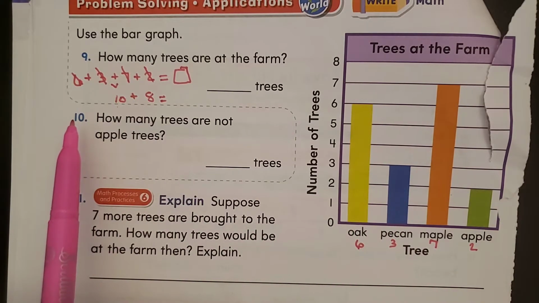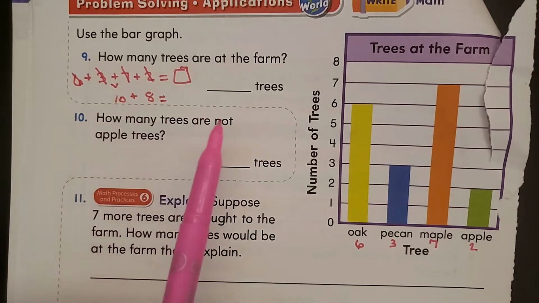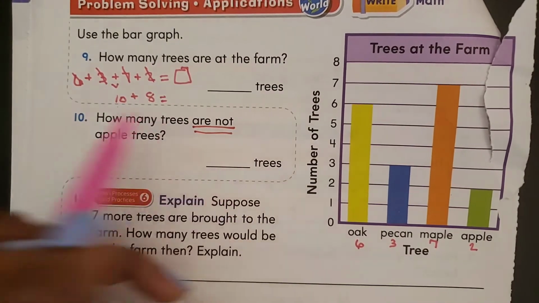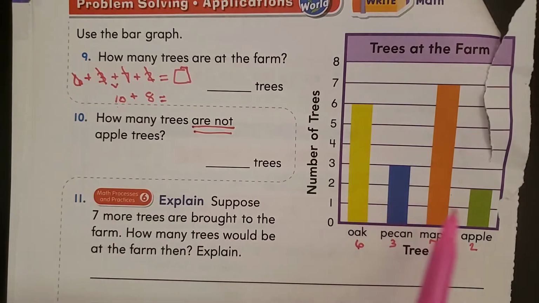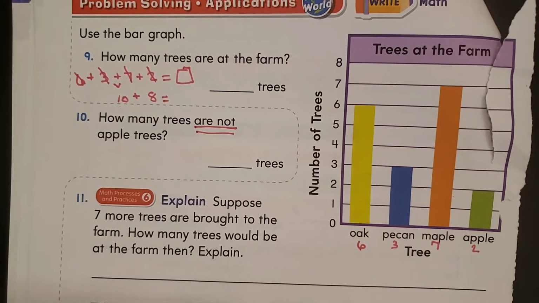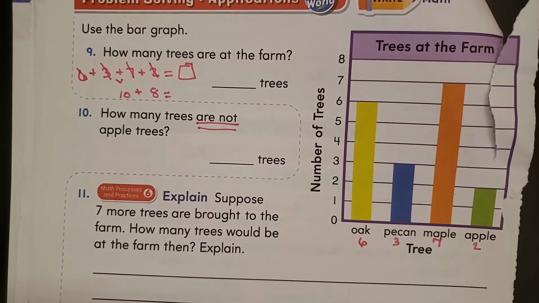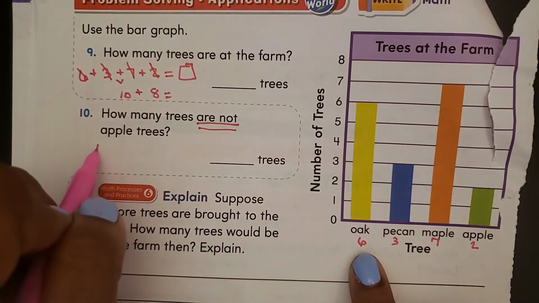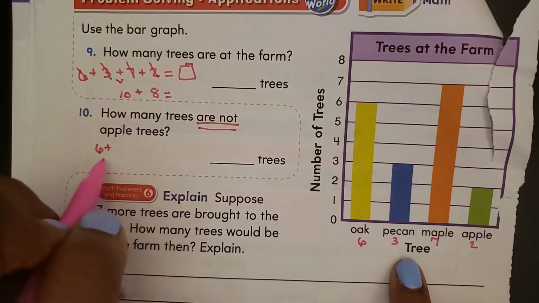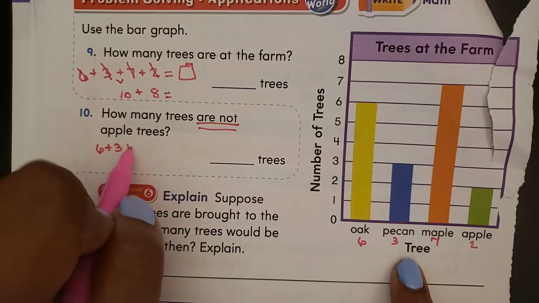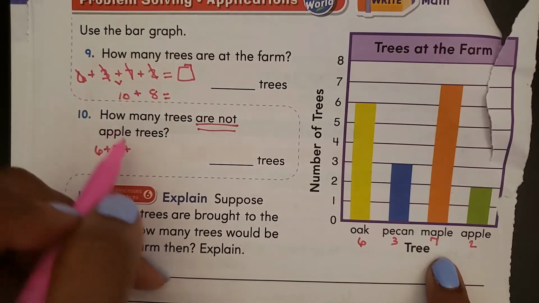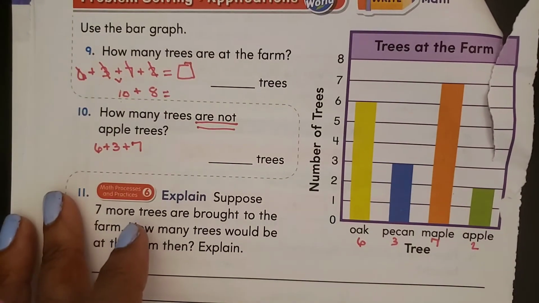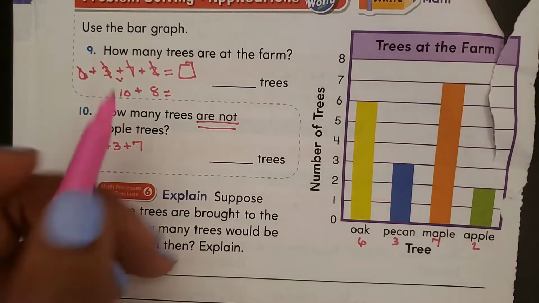Number 10. How many trees are not apple trees? Keywords are not. That means we need to look at this bar graph and add up all those trees that are not apple trees. So we look here, we have 6 oak, 3 pecan, 7 maple, and we're not going to add the 2 apple trees.